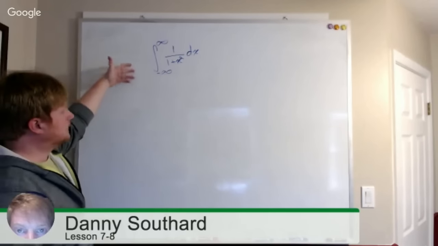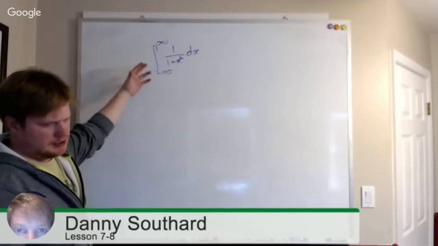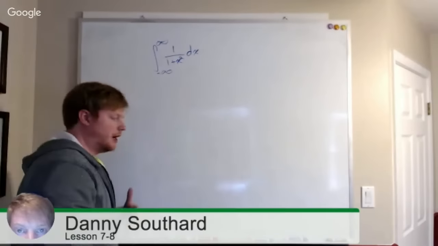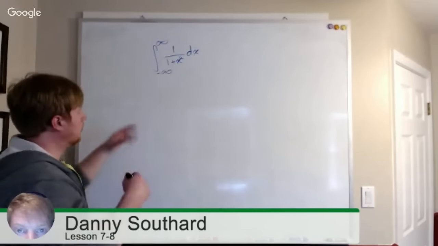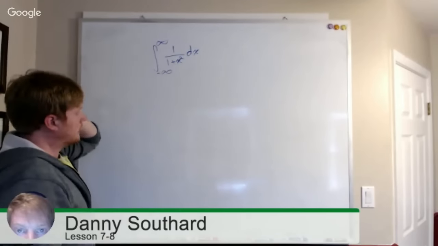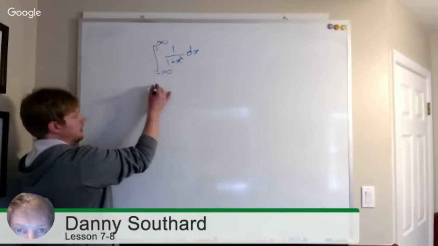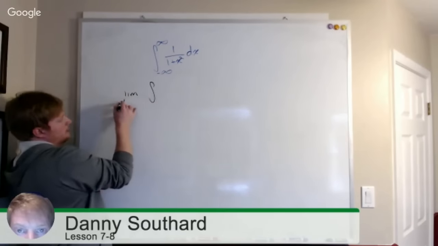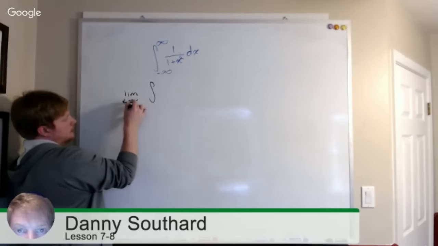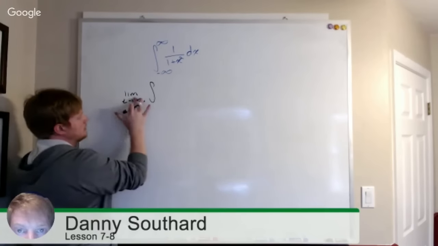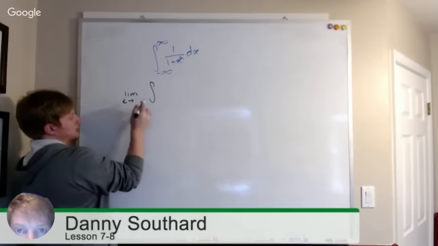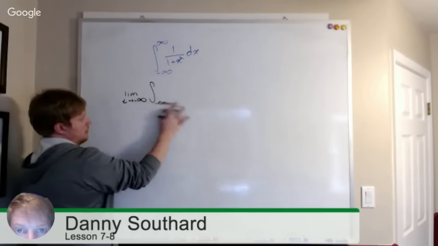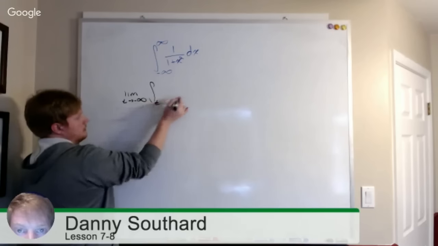I can't say the limit as a and t go to positive infinity and negative infinity. That doesn't make sense. So what we'll have to do is break this up into the limit as t goes to infinity, and the limit as t goes to negative infinity, with t to 0.